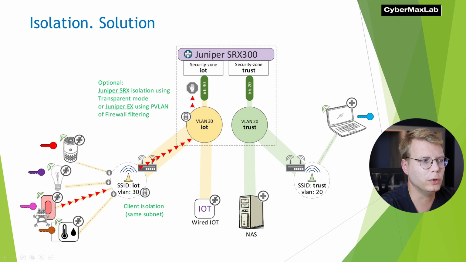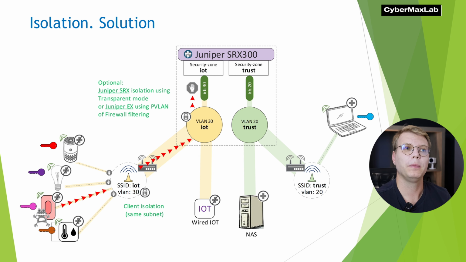So let's look at the bottom. There is a feature called client isolation, available for the Mist APs. What it does is create a rule on the AP which can prevent devices from communicating to each other in the scope of a single AP or in the scope of the whole VLAN.